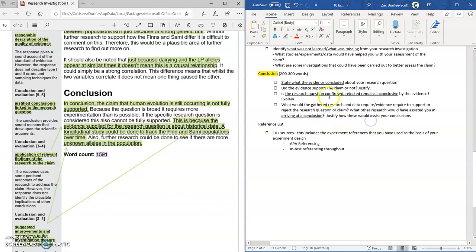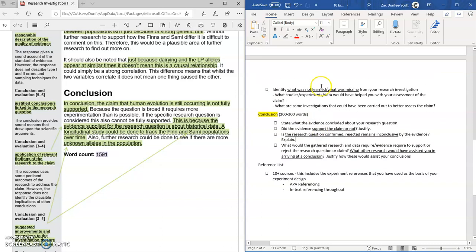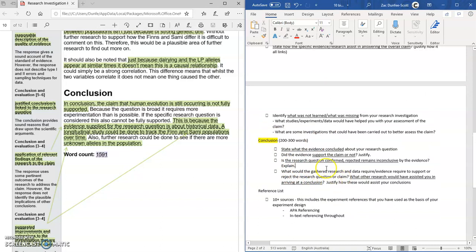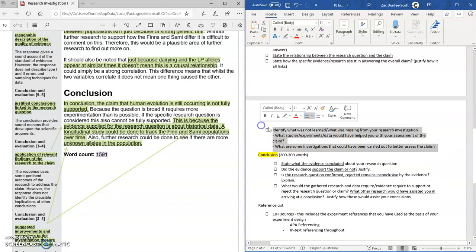If for any reason the evidence meant the research question was inconclusive, or the claim was inconclusive, or rejected by any means, what other research would have assisted you in arriving at a conclusion, or another result? And that should essentially just be a summary of what you should be talking about here at the last part of your evaluation.